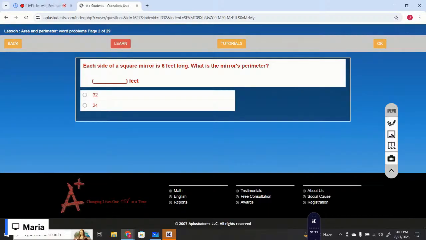So which is the correct option? Twenty-four it is. Option number 2 is the correct option.